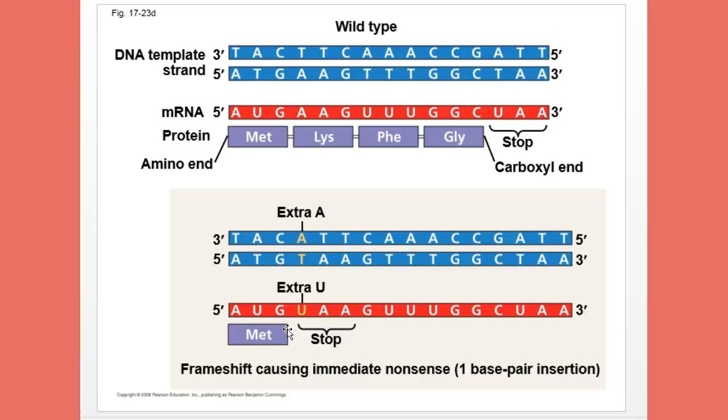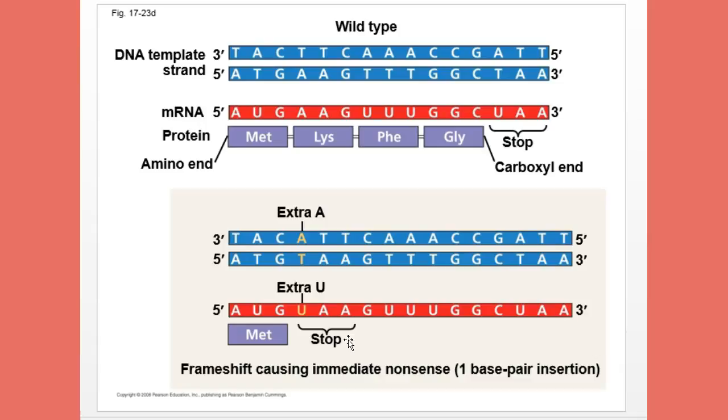So it pushes or slides the entire reading frame. So if this had a one base pair insertion, adding an A where there wasn't one before, when that's translated, this one happened to translate into a nonsense codon and stopped it. Okay? It's a nonsense mutation, it stopped it.